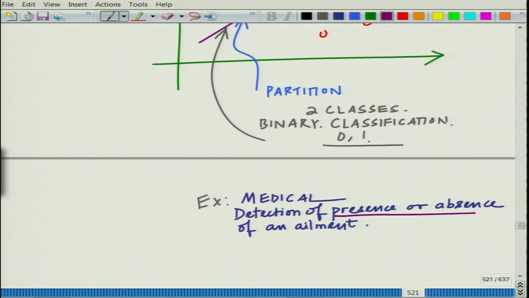So, you have a large amount of data, let us say in terms of blood tests or X-rays or CT scans or so on, and from this data you want to classify it into two types, essentially, as either an underlying disease is present, or an underlying disease is absent.